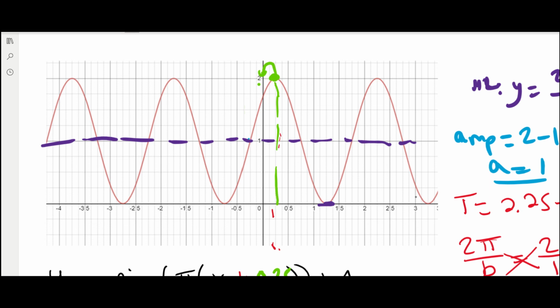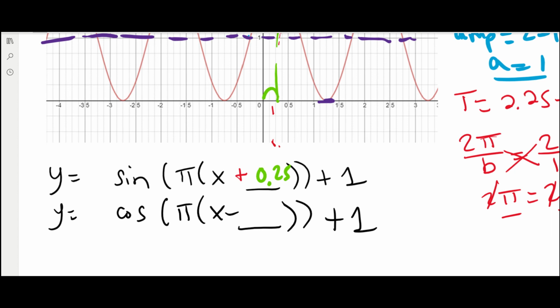You got to shift it by 0.25. Now, I want to go from the green to the red, right? So this is actually shifted to the right, not the left, okay? So you kind of do the opposite of what we did here. So it's going to be positive 0.25, which means that the C is positive 0.25, and we know that a negative and a positive just gives us a negative, right? So you don't really have to include the negative here. Just write it as minus 0.25.